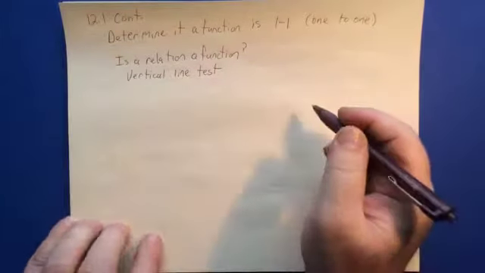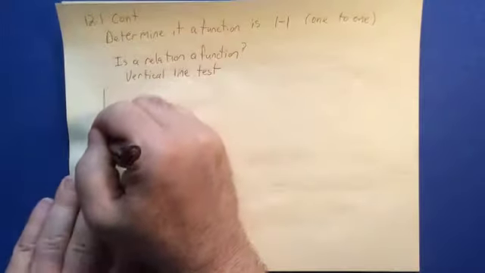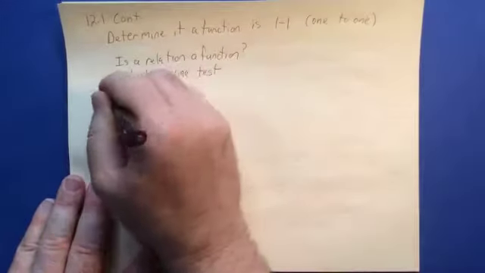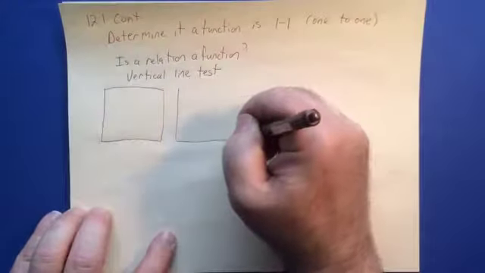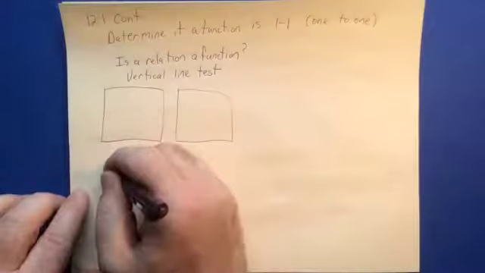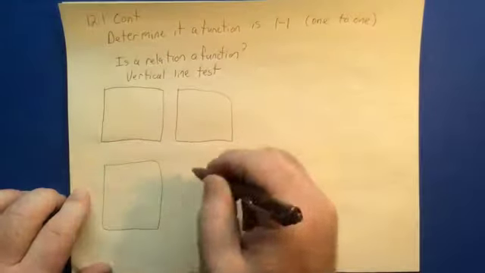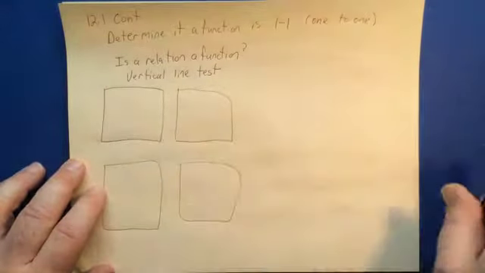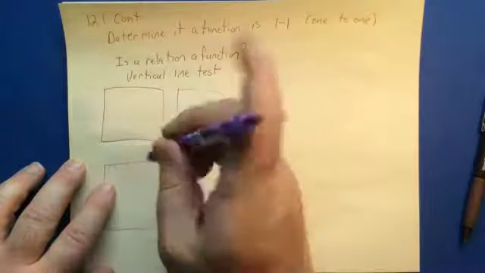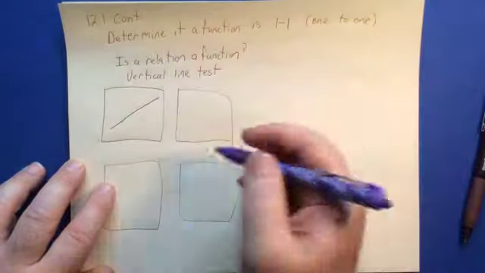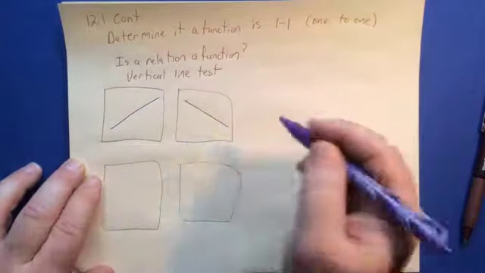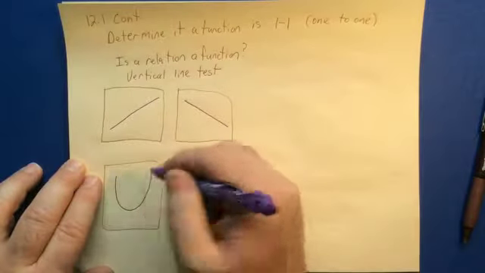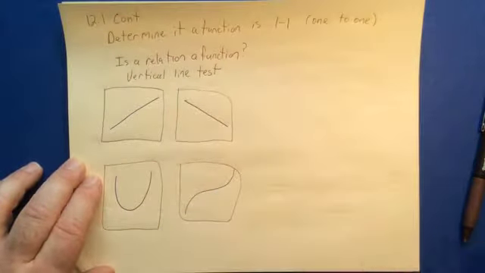And the way a vertical line test works essentially is, let's say you draw a couple of different windows, and we'll draw graphs in these. I may have something like a straight line here. I could have another straight line going this way. I could have a line that looks like this, or something that looks like this.